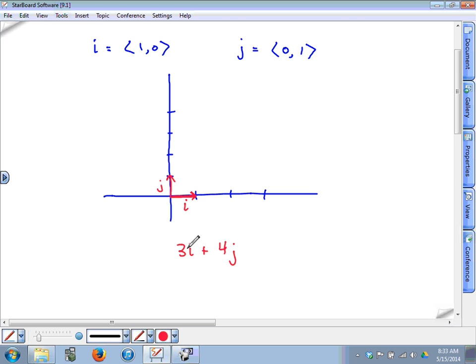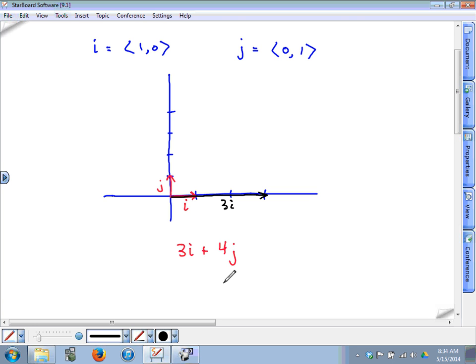What does that mean? What does a scalar do to a vector? Do you remember what a scalar does to a vector? It increases the magnitude. So if this is I, then wouldn't 3i just be 3 times the distance? So this right here would be 3i. You guys follow? Yeah.